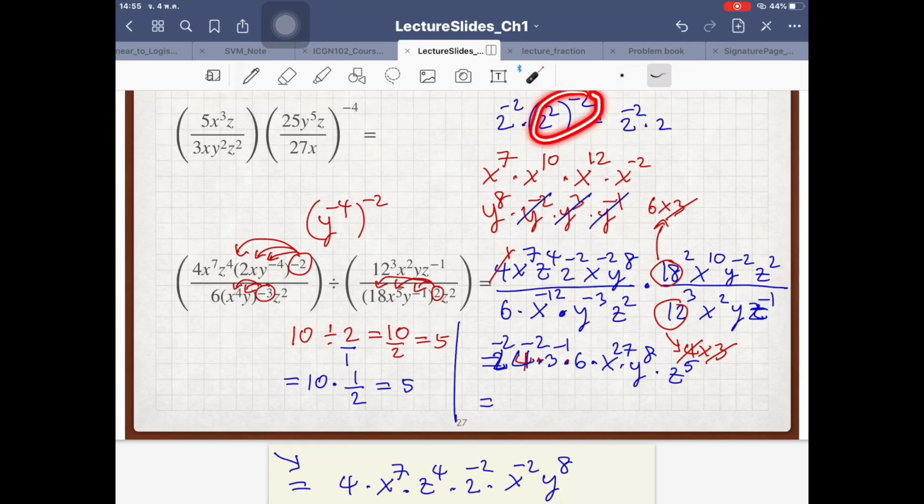And then for this term, when you take the power twice, just multiply the powers together. So actually you get 2 to the power minus 4. So totally you get 2 to the power minus 6. So that's it.